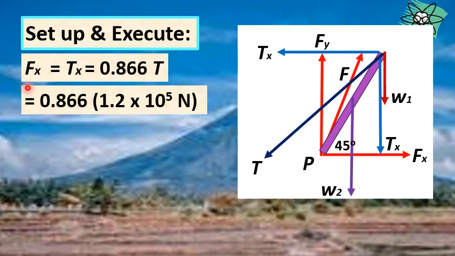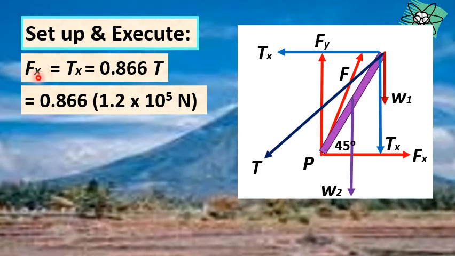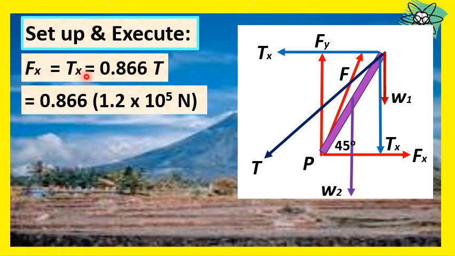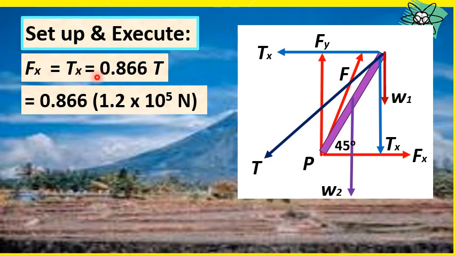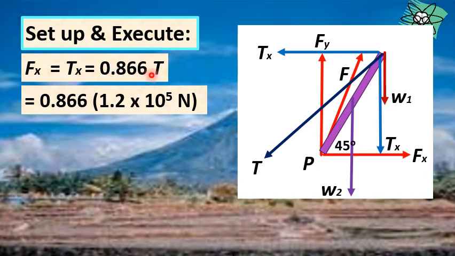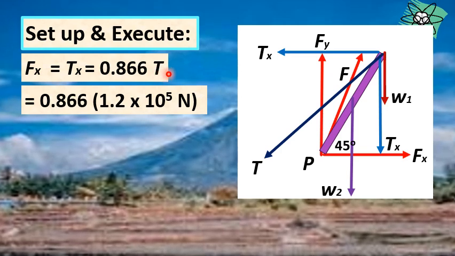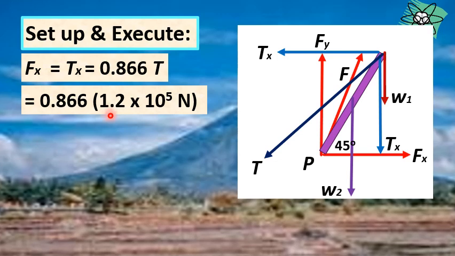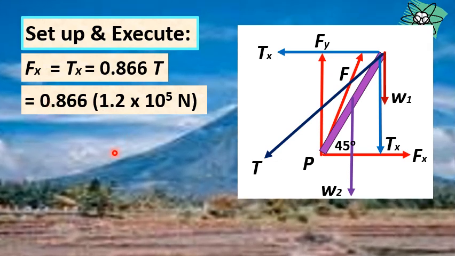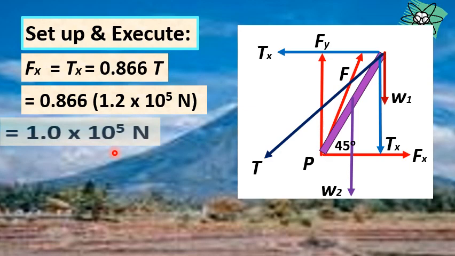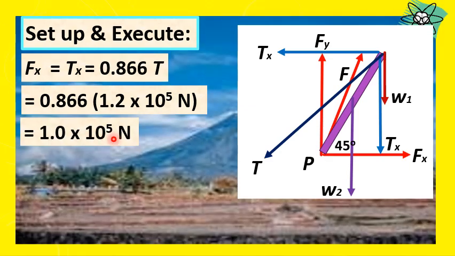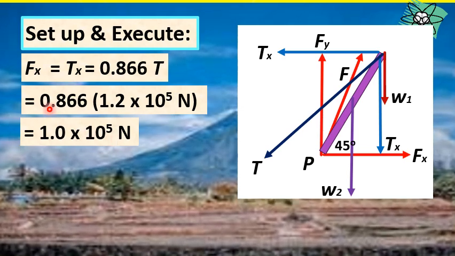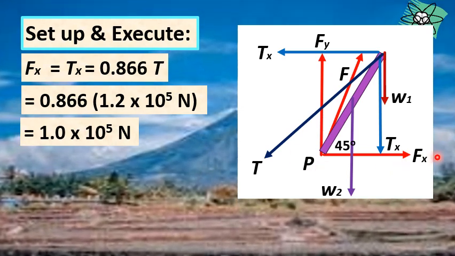So Fx has the same magnitude as Tx, where Tx is expressed as 0.866 times the tension T. So substituting and multiplying it by 0.866, we get the magnitude of the force Fx equal to 1.0 times 10 to the fifth power Newton. So this Fx, as shown in the diagram, is directed to the right.